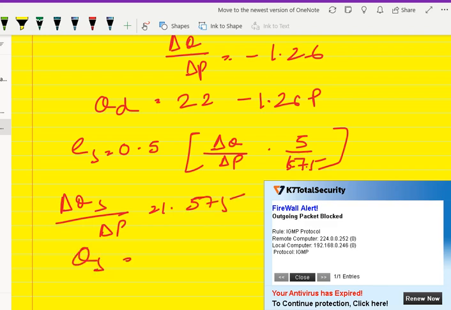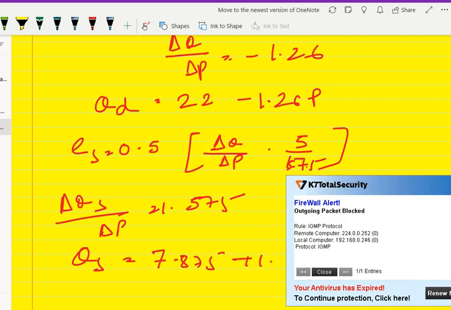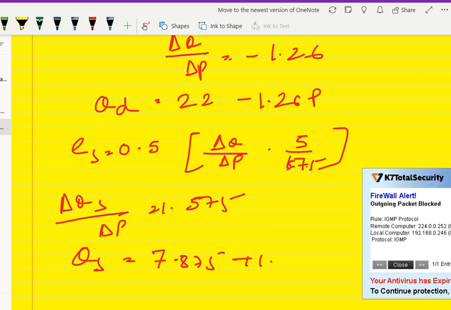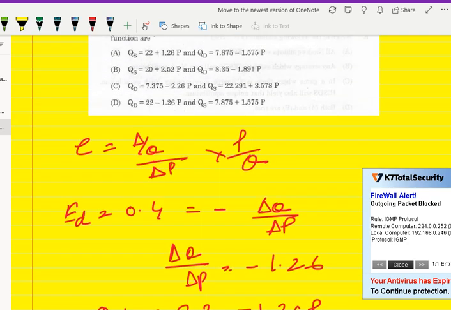So quantity supplied will be 7.875 plus 1.575P. So at P equals 5, Q equals 15.75, confirming the equilibrium.